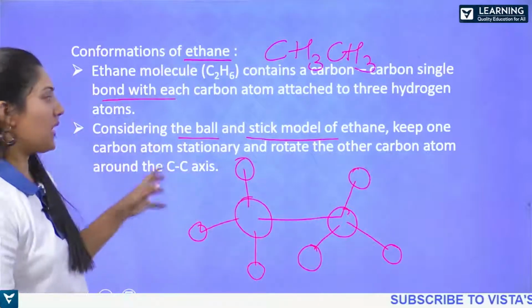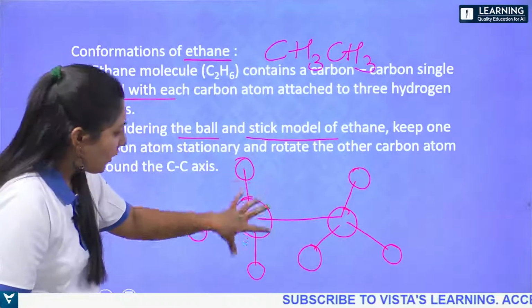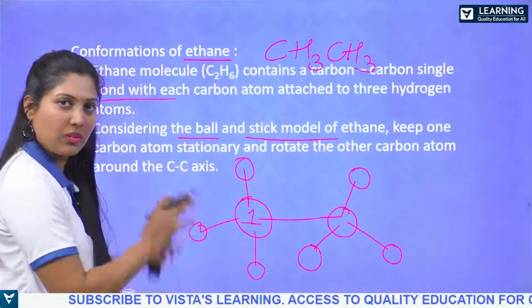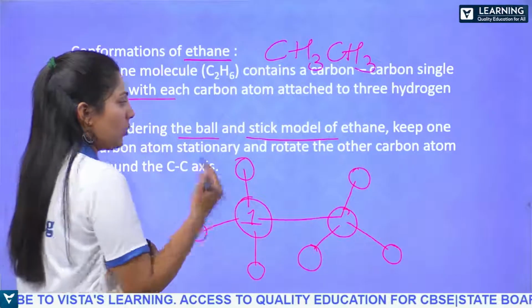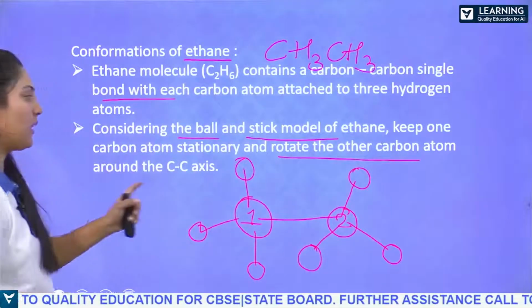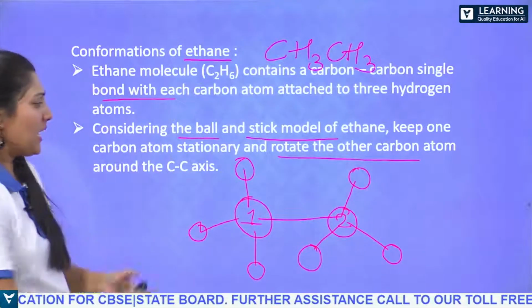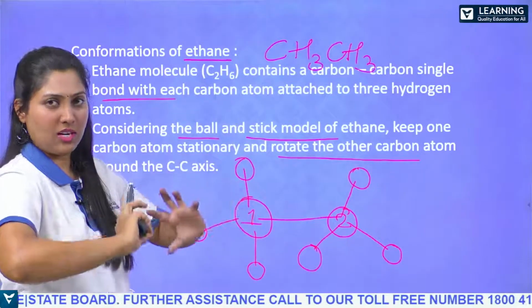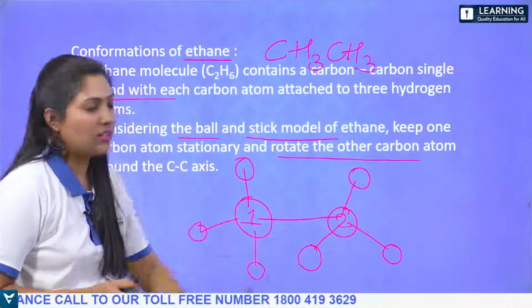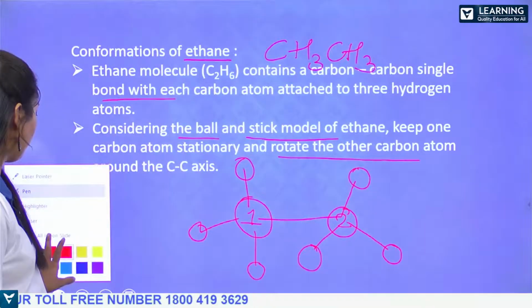So keep one carbon stationary. If we are taking carbon 1 as this, let it stay still. It will not rotate. Only the other carbon rotates around the carbon-carbon axis. If both are rotating, there will be no much difference. So here one will be rotating, one will be stable.